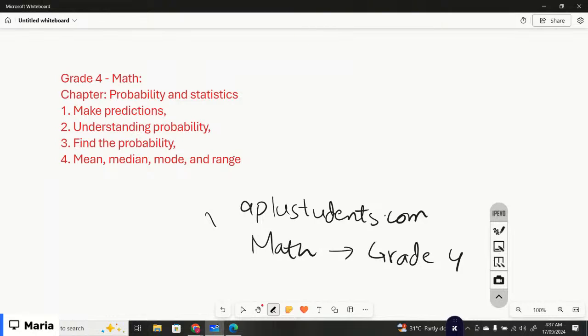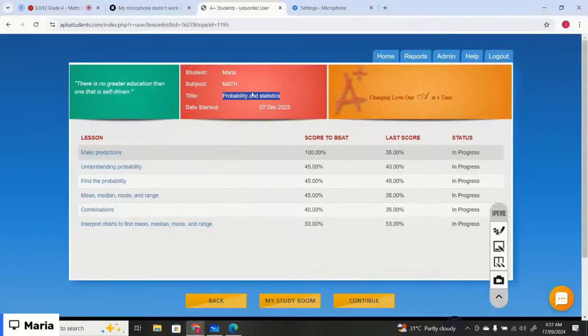There you can find a list of the chapters. We're going to start with the chapter probability and statistics. So here I am on the chapter probability and statistics. Let's just start with the lesson that is make predictions.